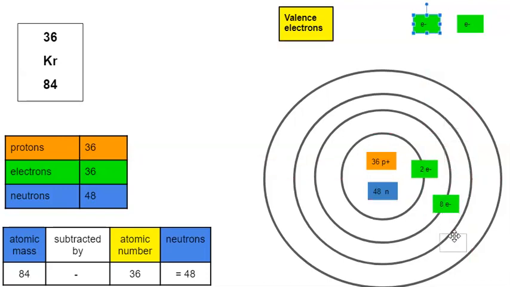So that means the third orbital is going to fill up at 8 also. And 2 plus 8 plus 8 gives us 18. 36 minus 18 means 18 left. And you know what? That last orbital fills up at just 18.